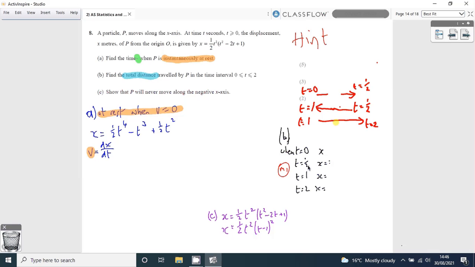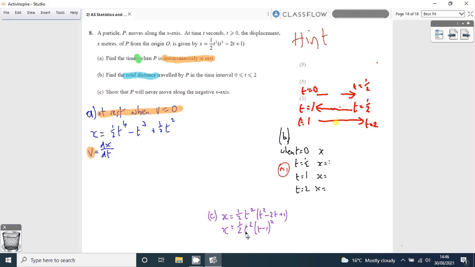Now for part C, the key bit is that you've got to pick up the fact that you can complete the square on the bracket for the displacement formula, and that is t minus 1 all squared. So t squared minus 2t plus 1 is actually t minus 1 all squared.